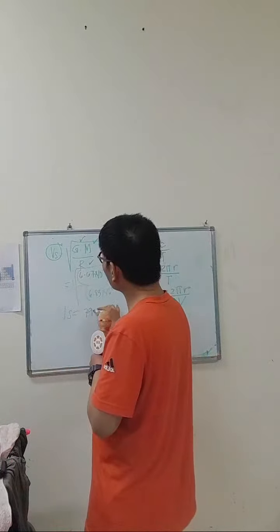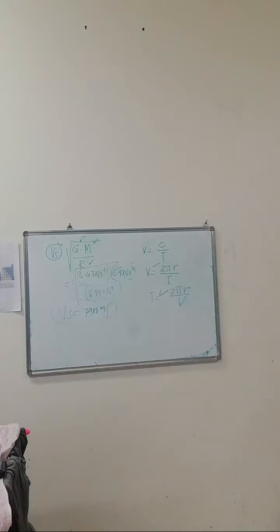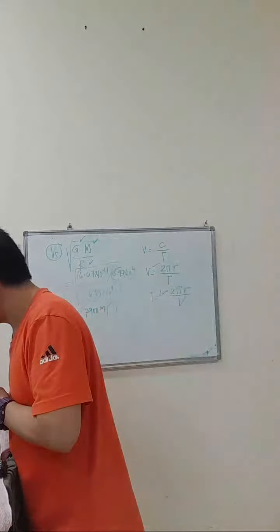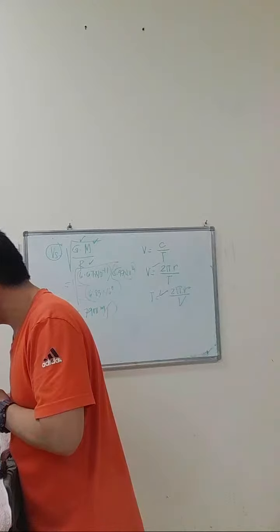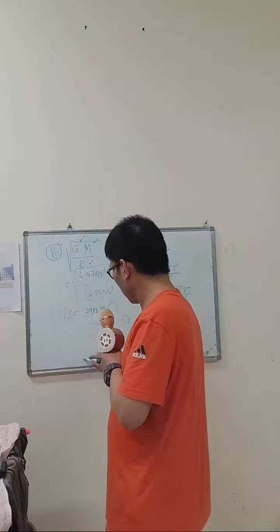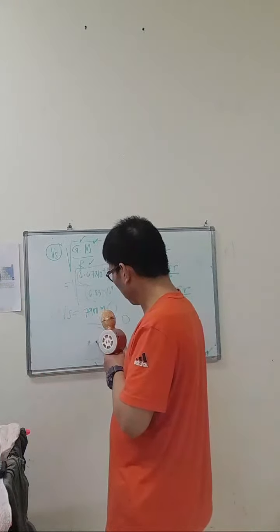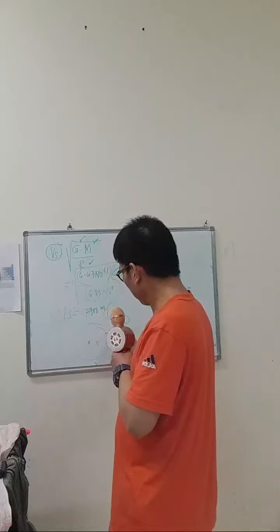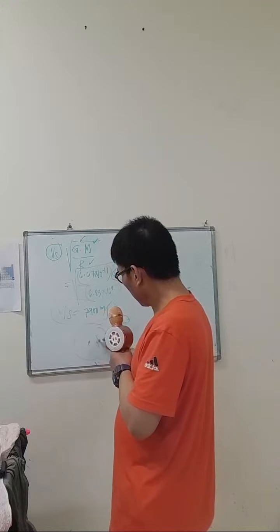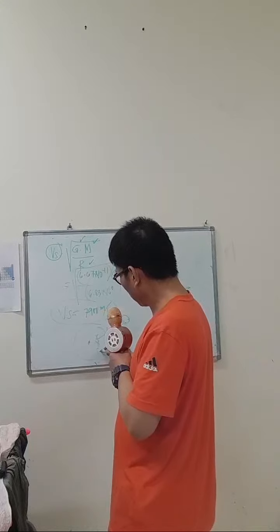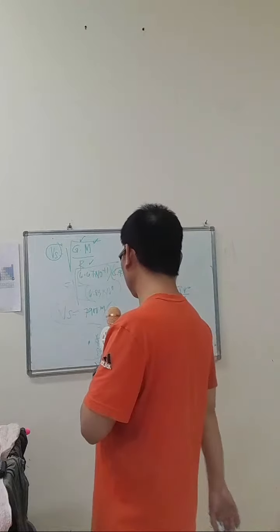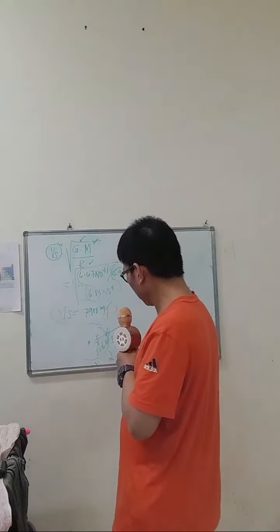For the period, it's at a height of 3,800 kilometers above the surface of the Earth. So if this is the satellite, this is the radius of the Earth, and then we have 3,800 kilometers from the satellite to here. From the radius of the Earth, we have 6.38. So we still need to add this one, so it becomes the height of your satellite.